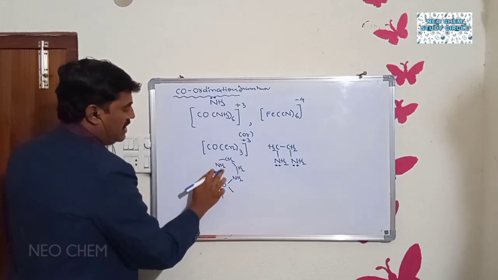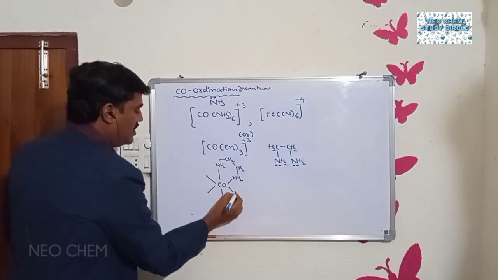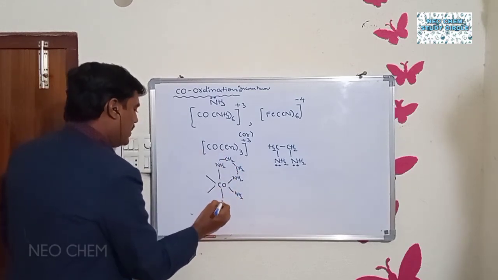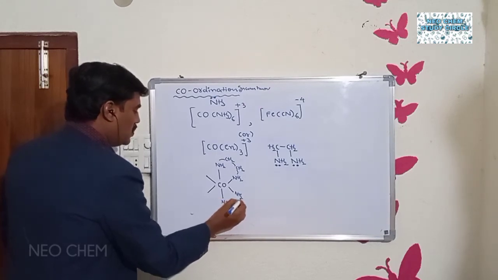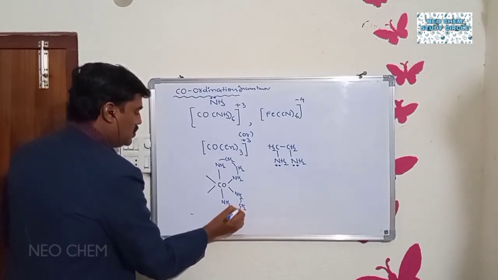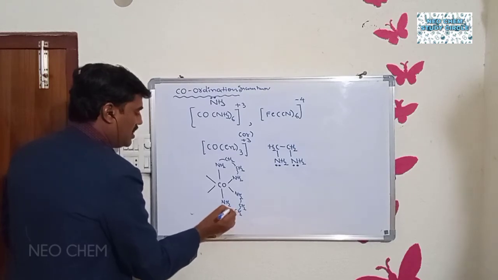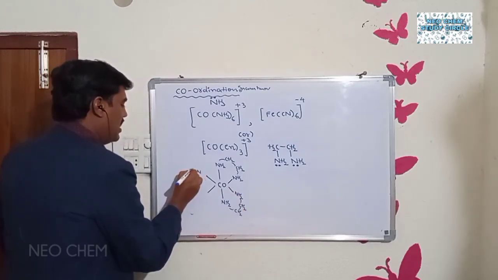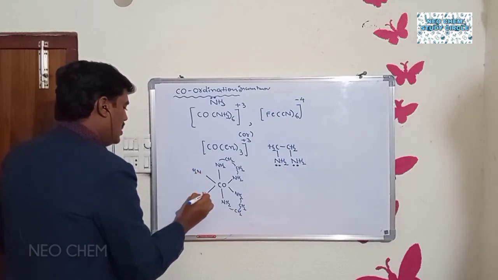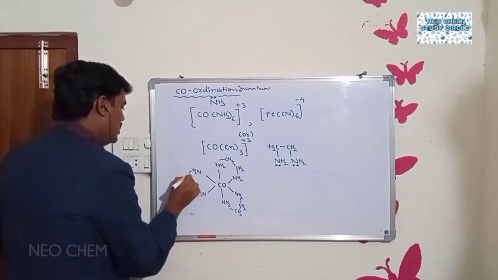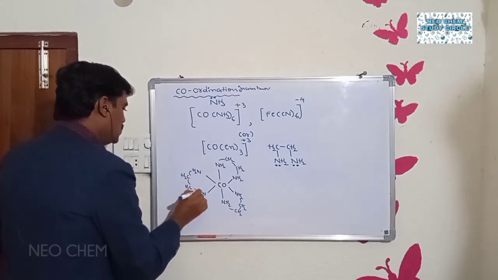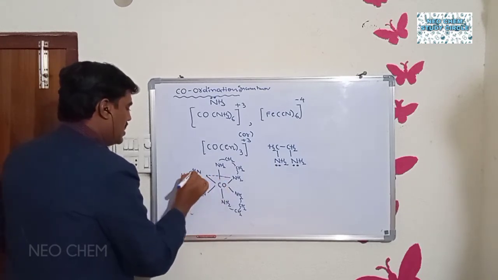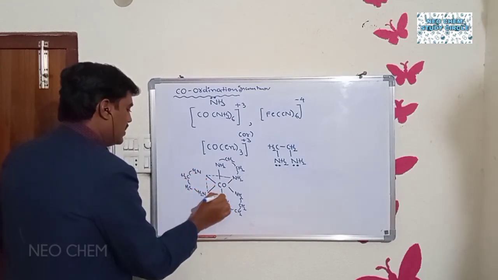This is the first ethylene diamine ligand. Next NH2, NH2, CH2 single bond CH2. This is the second ethylene diamine ligand. NH2, NH2, CH2 single bond CH2. This is the third ethylene diamine ligand.